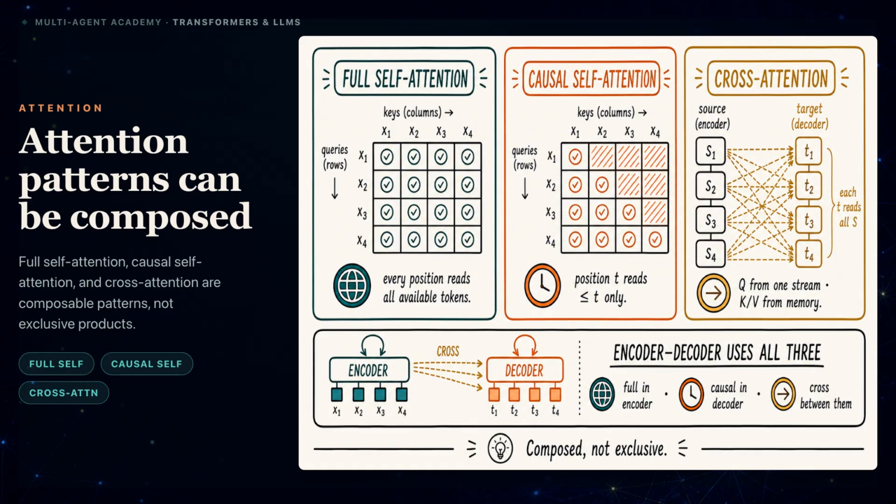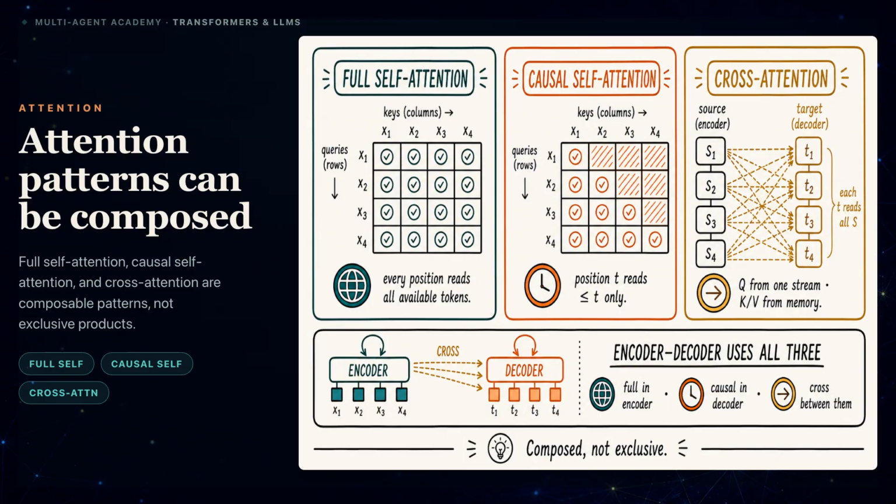That is the no-looking-ahead rule in most language models. Cross-attention is different. The queries come from one stream, while the keys and values come from another memory. A classic encoder-decoder system uses all 3, full self-attention in the encoder, causal self-attention in the decoder, and cross-attention to connect them. These are composable patterns, not exclusive products.